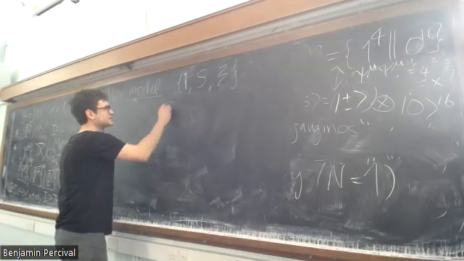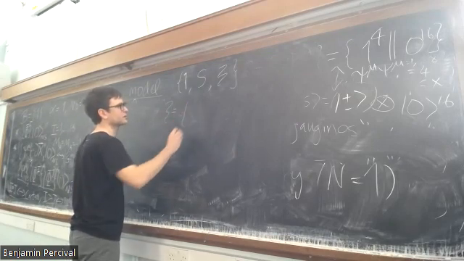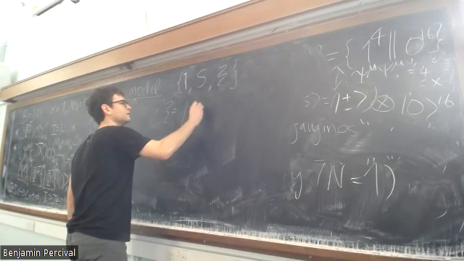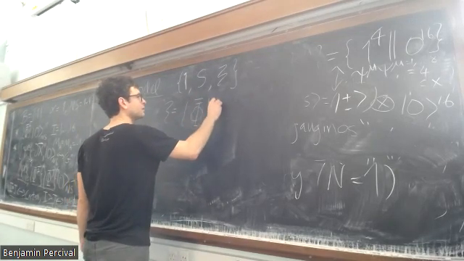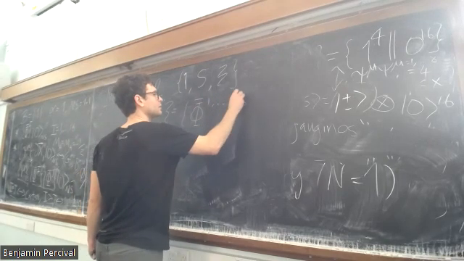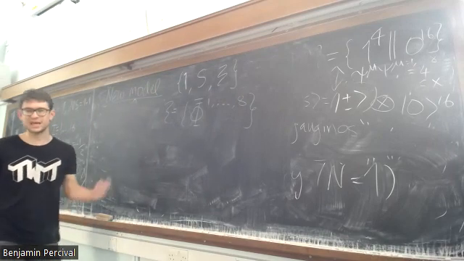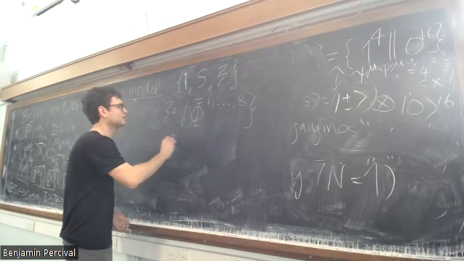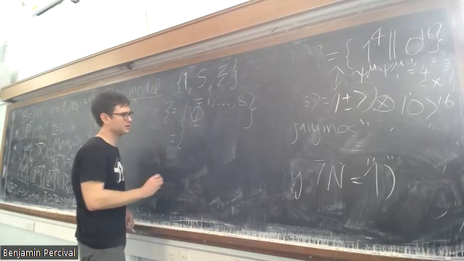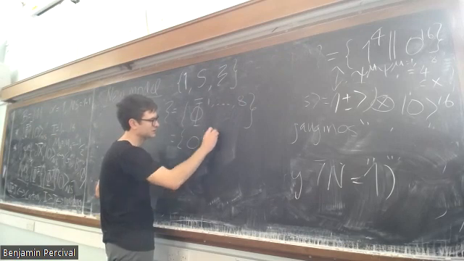And zeta is going to be, let's say, 1, so it's going to be these 8 complex fermions from the gauge side, which is also the same as writing 0 because it's 4.